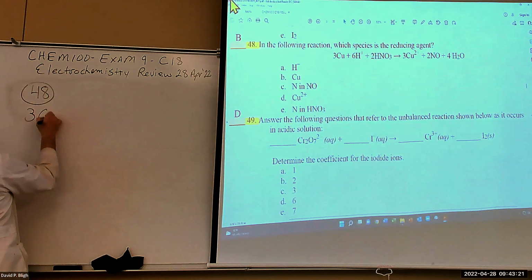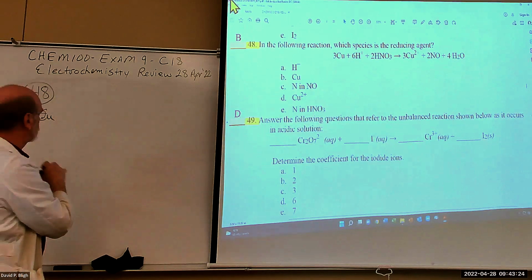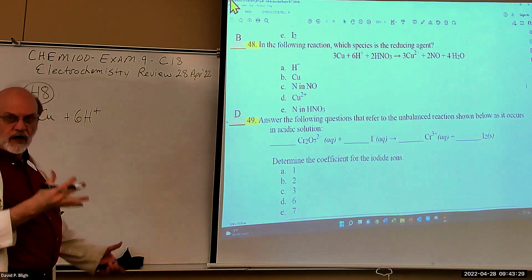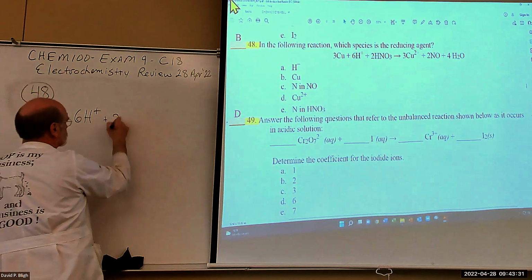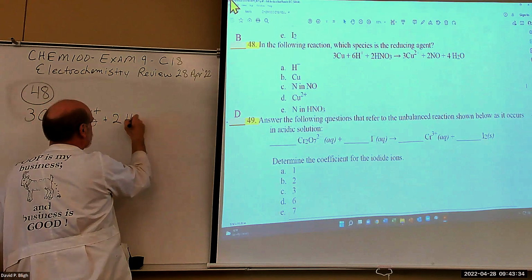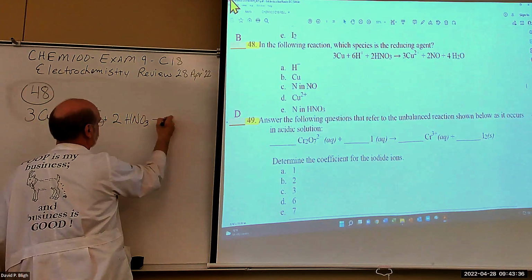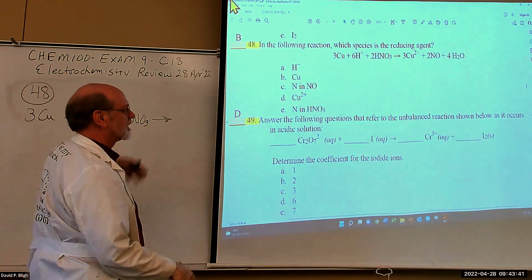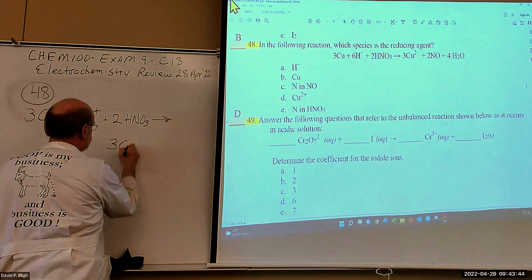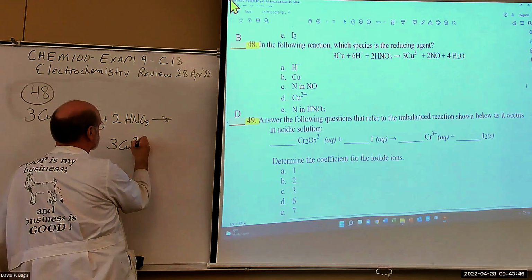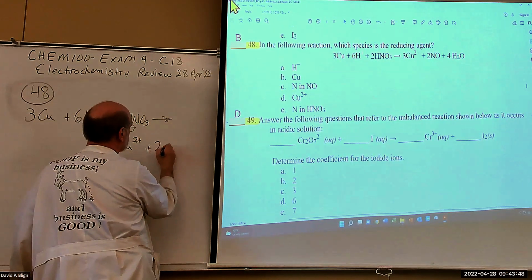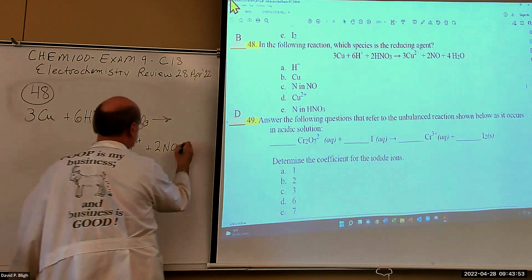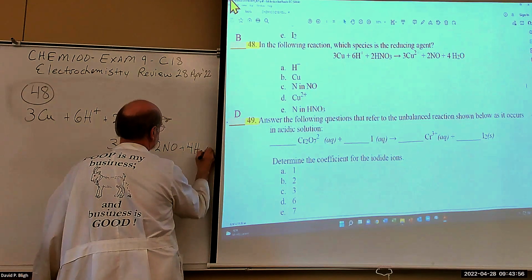We've got 3 copper, that's element, plus 6 hydrogen protons, plus 2 HNO3, and then we have, I'm going to have to drop it down, 3 copper 2 plus, 2 NO, no charge, and 4 waters.